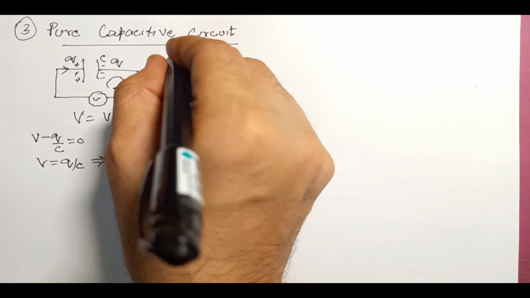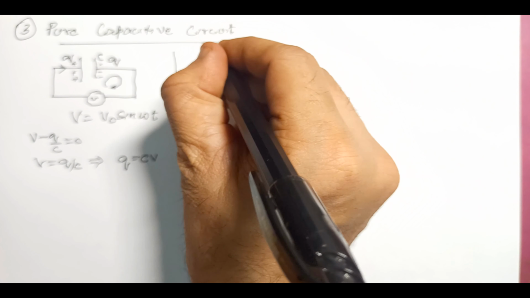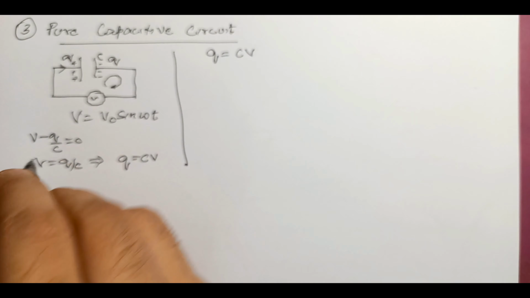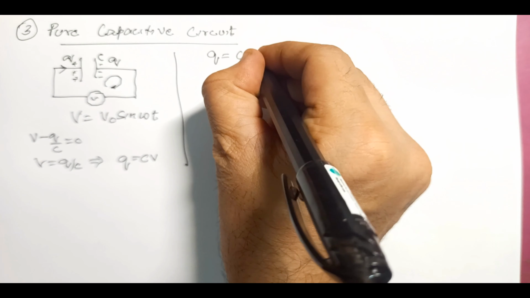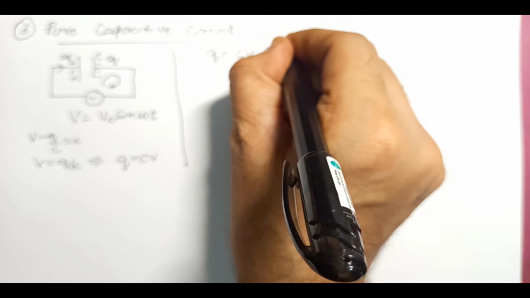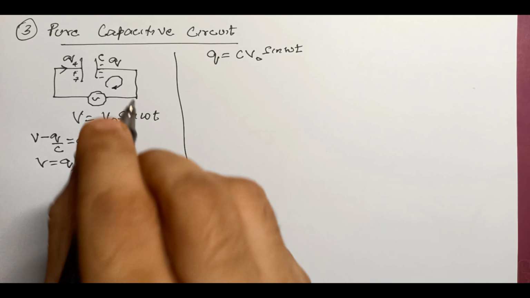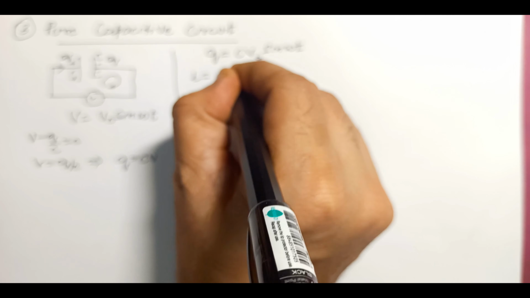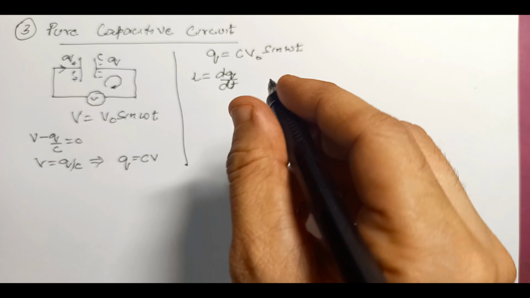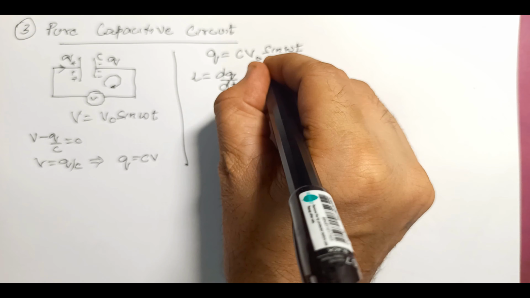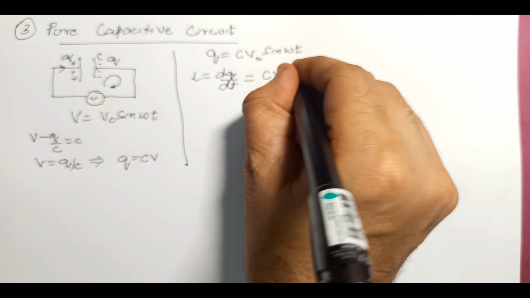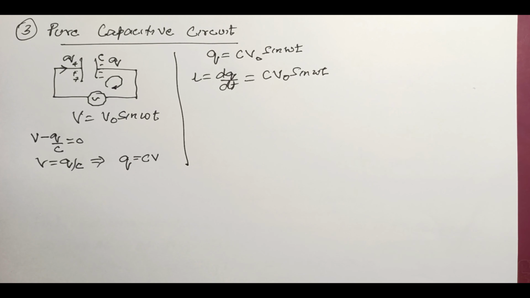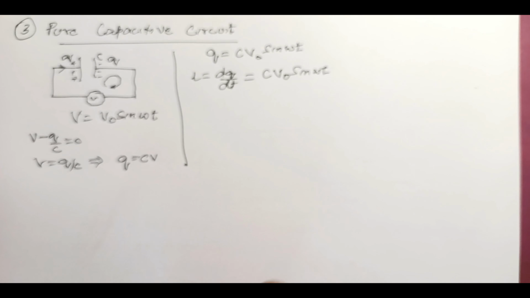Now, Q is equal to CV, and if I put in the value of V, it becomes CV naught sine omega t, correct? Now what is current? Current is nothing but dq by dt.